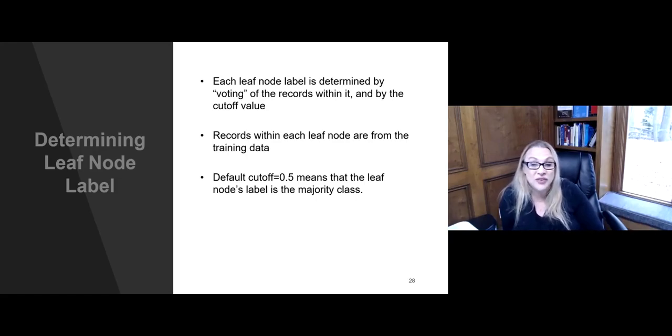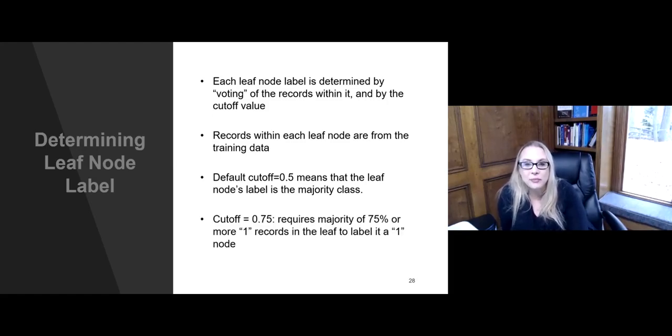So if a leaf is 51% owners, then whatever falls into that leaf will be classified as an owner because the majority is what falls into the owner category. If you use a cutoff point, for example 0.75, it's going to require 75% of the records in that leaf to be one class to earn that label.